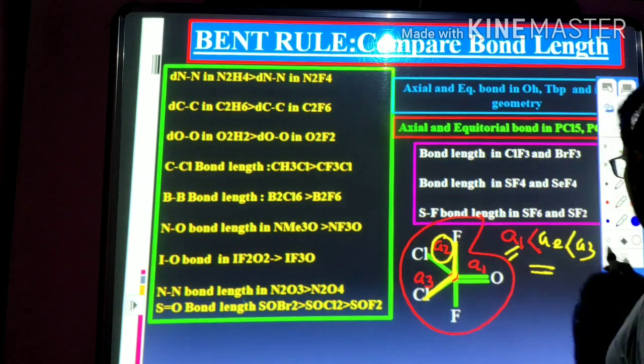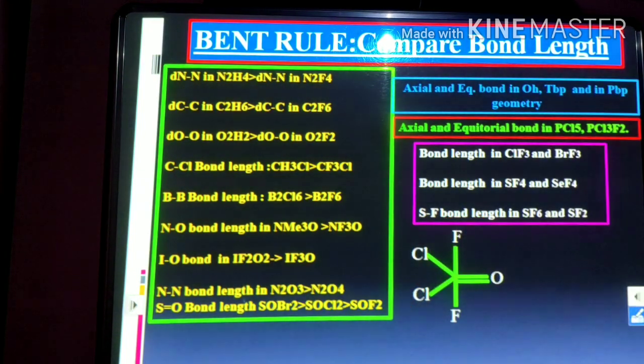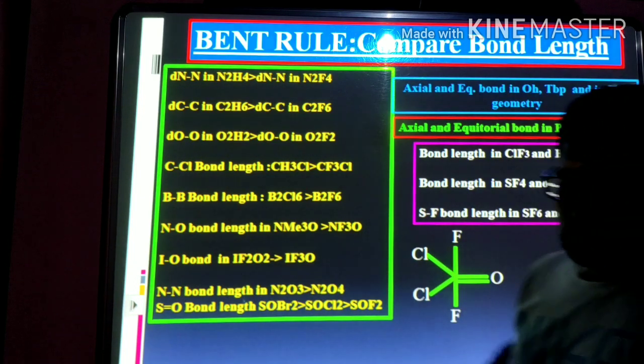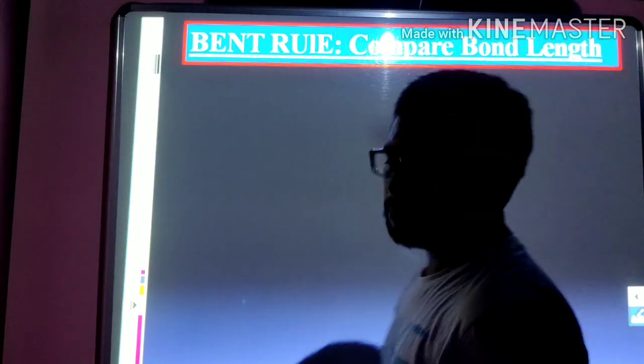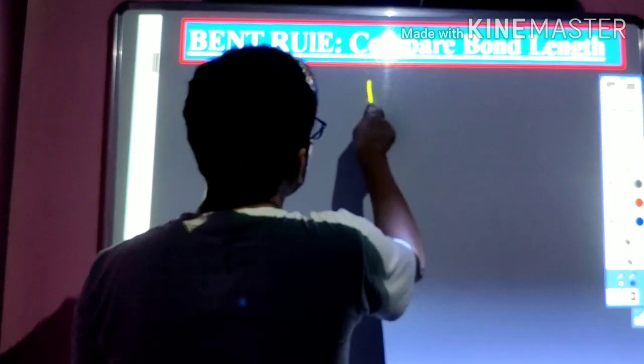No problem. Done. Now, one more interesting example: PCl5 and PCl3F2. Let me show you.